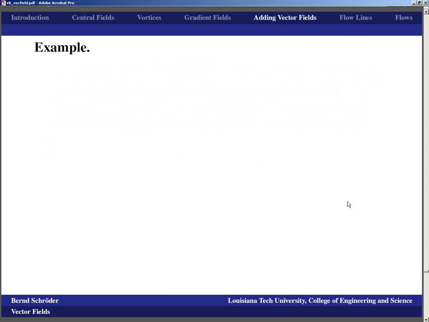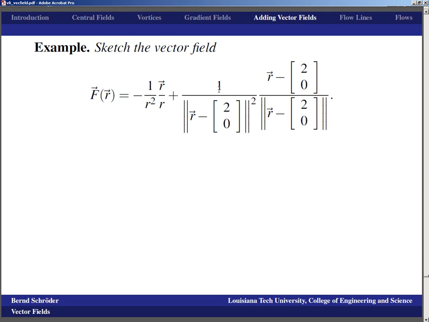All right, so let's talk about adding vector fields. That is something that is not terribly hard. It's just an important visualization, and that is if we want to sketch the vector field F of r being negative 1 over |r|^2 times r over |r|, plus 1 over |r − (2,0)|^2 times (r − (2,0)) divided by the magnitude of r − (2,0).